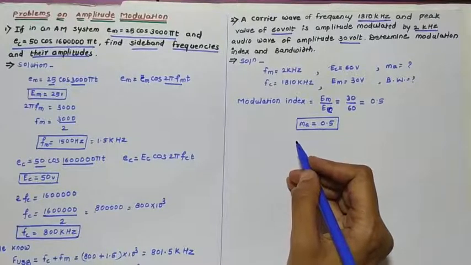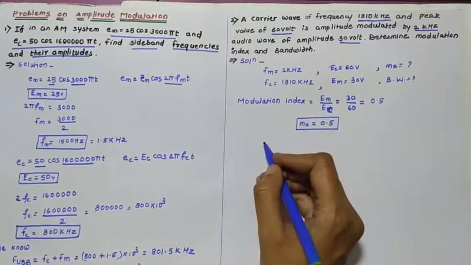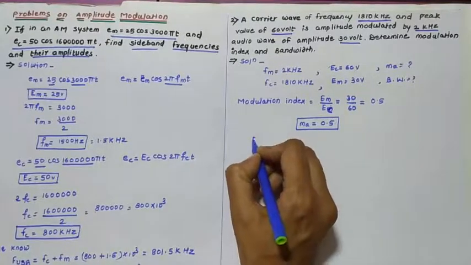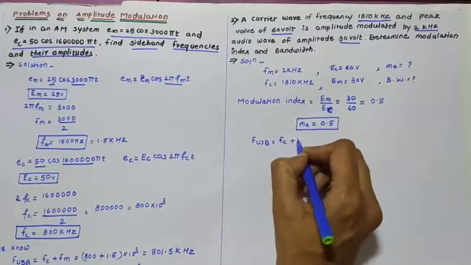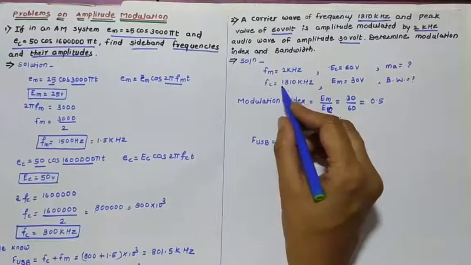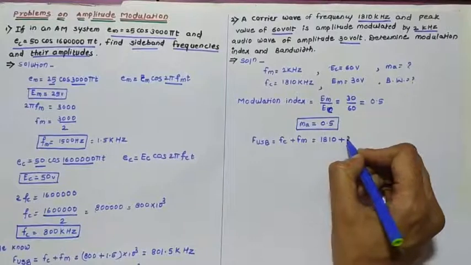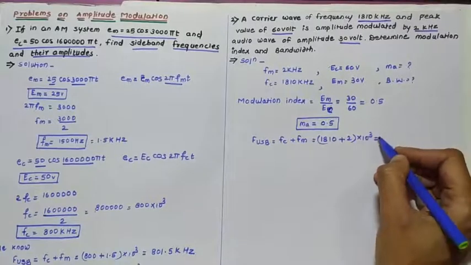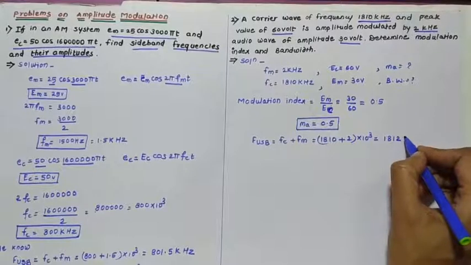Okay students, now second, you have to find out bandwidth. For bandwidth, first we have to find out the frequency of upper sideband and frequency of lower sideband. Therefore F USB is equal to Fc plus Fm, that is 1810 plus 2 into 10 raised to 3, because both are given here in kilohertz. Therefore we'll write here 1812 kilohertz.